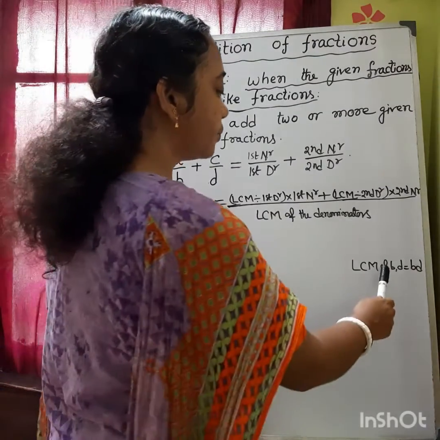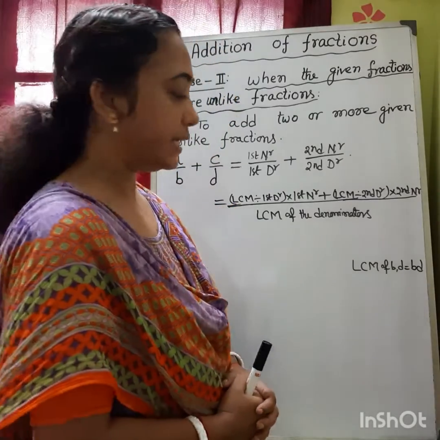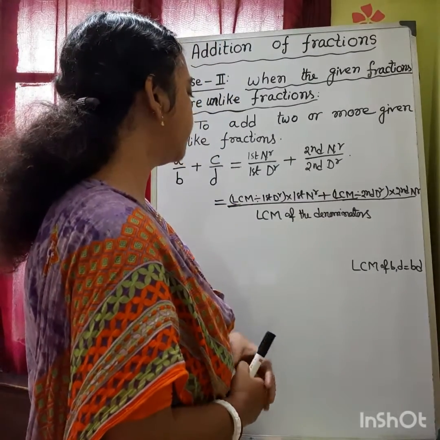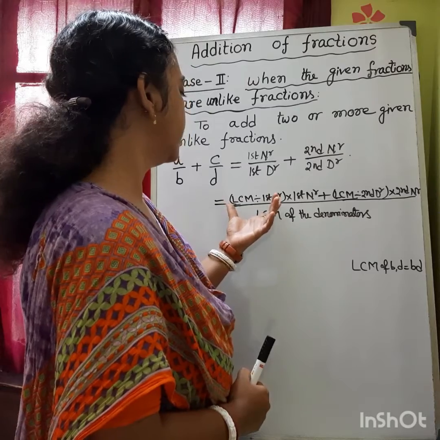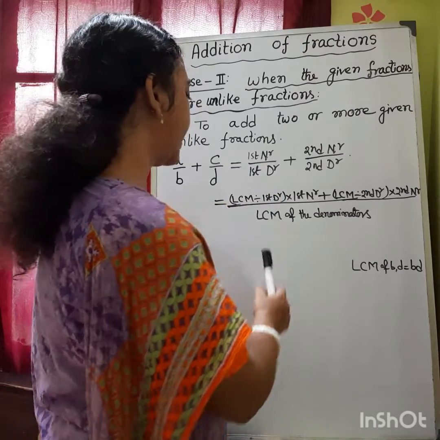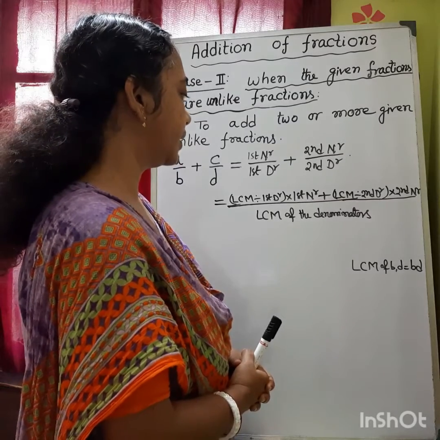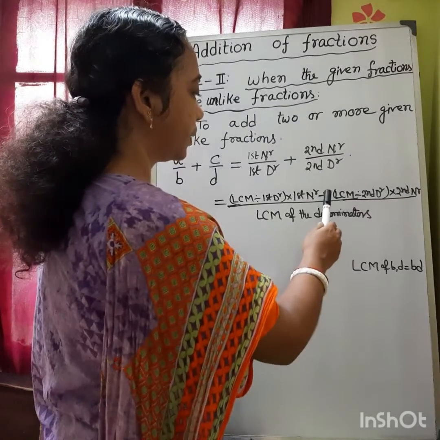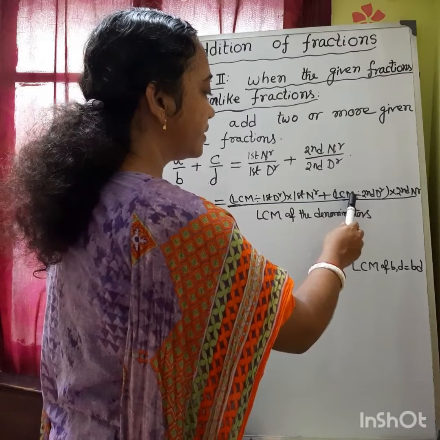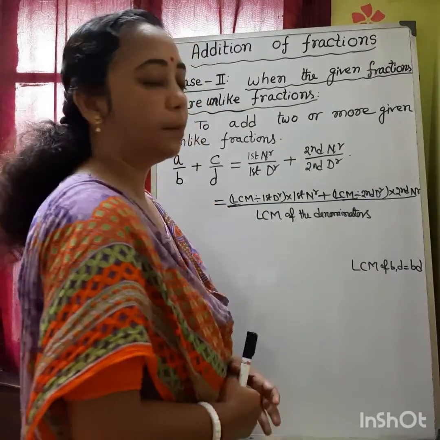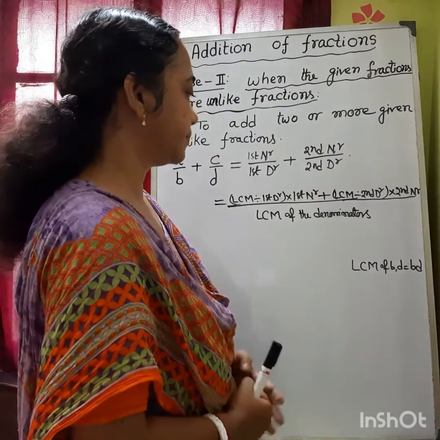Here the LCM of b and d is bd. In the numerator, the first term is the LCM divided by the first denominator, in brackets, multiplied by the first numerator, plus again in brackets the LCM divided by the second denominator multiplied by the second numerator.